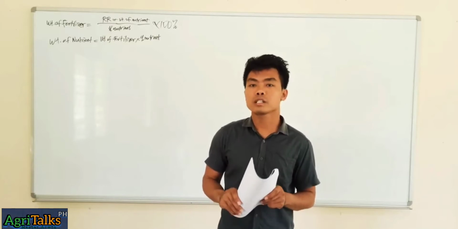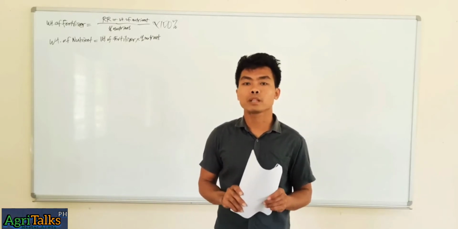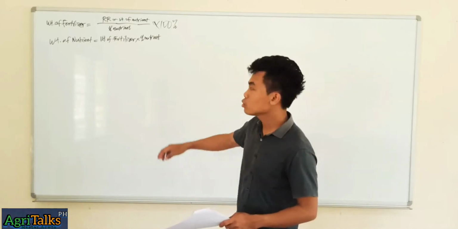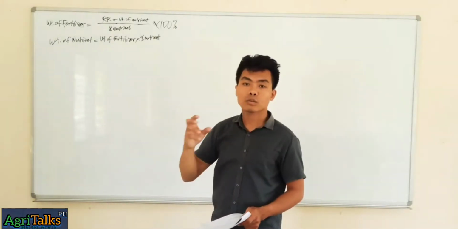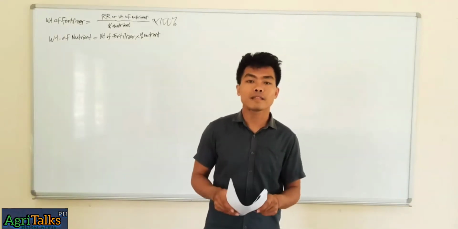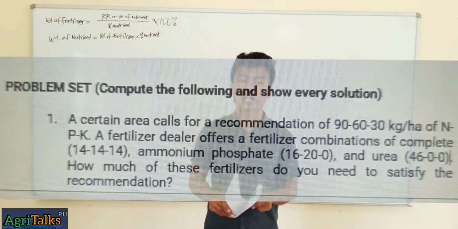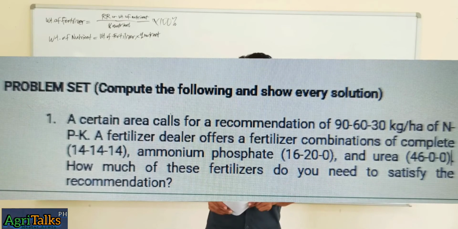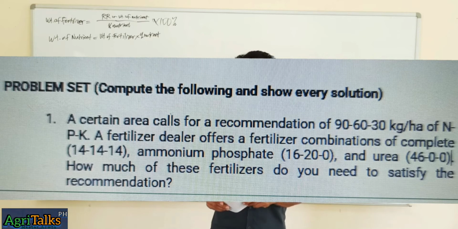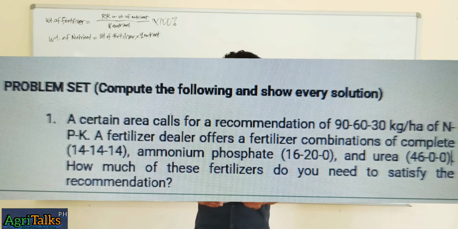In this video, this is a more difficult one compared to the previous calculations, since we will combine the two formulas in computing fertilizer requirement. To start, we'll have this problem set. A certain area calls for a recommendation of 90, 60, and 30 kilograms per hectare of nitrogen, phosphorus, and potassium.